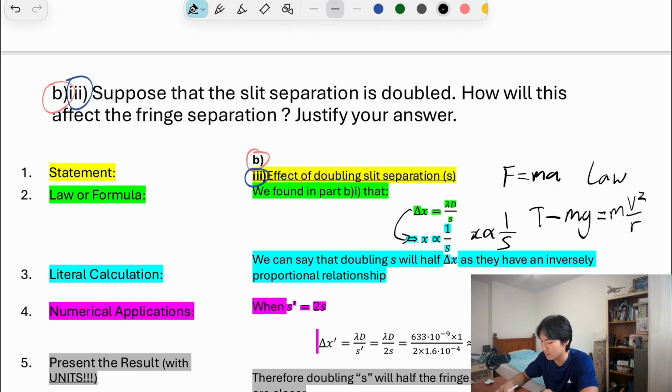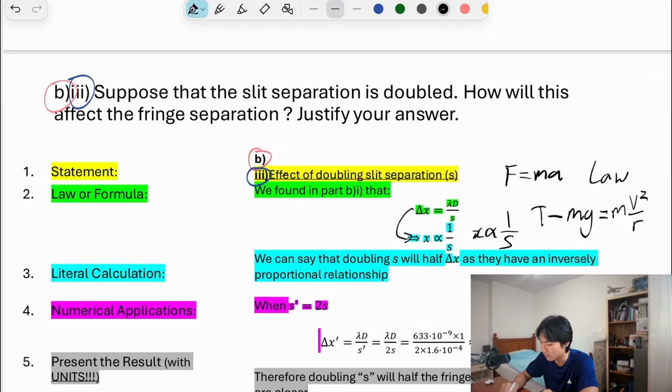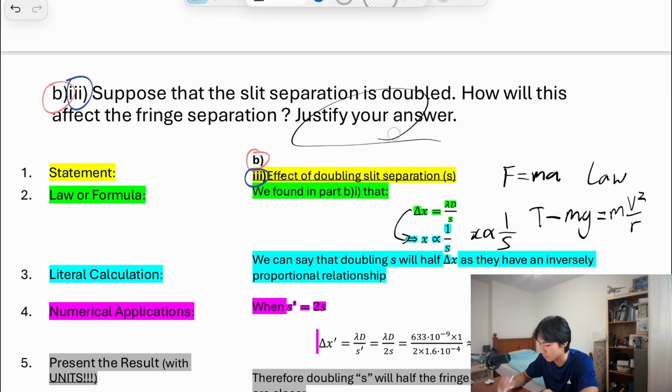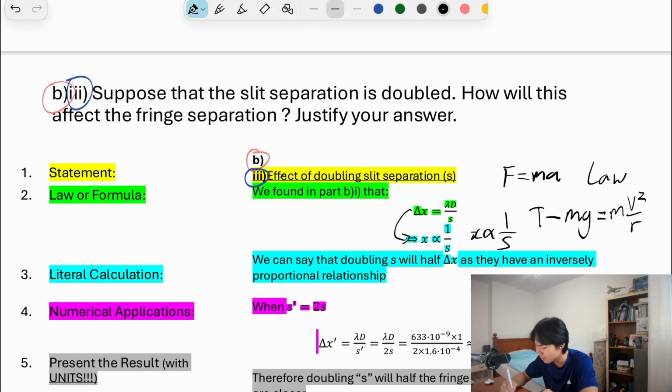For instance, in this question, where it says justify your answer, there are no units if something is divided by 2. But generally, if you're asked to find the height, you should always write down meters. If you're asked to find the charge, you should write down coulombs.